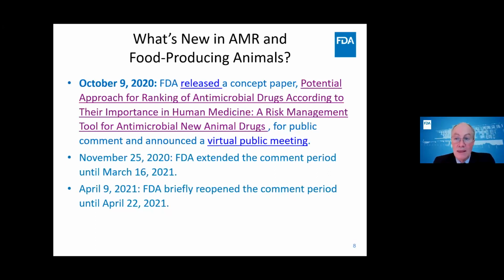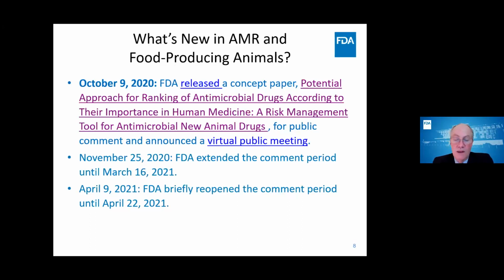And within that group, we further break it down into critically important, highly important, and important antimicrobials. That will sound familiar if you think about the WHO list or the OIE list of antimicrobials of veterinary importance. That's a qualitative approach to looking at the relative importance of these drugs and subclasses within human medicine.